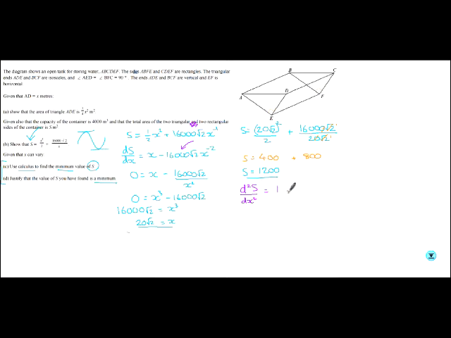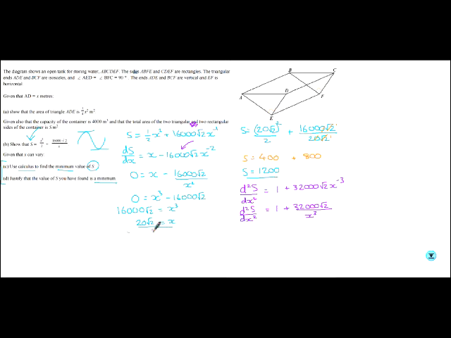It's now going to be plus 32,000 root 2's x to the minus 3. Let's rewrite that. So we've got 1 plus 32,000 root 2's over x cubed. That's d2s by dx squared.